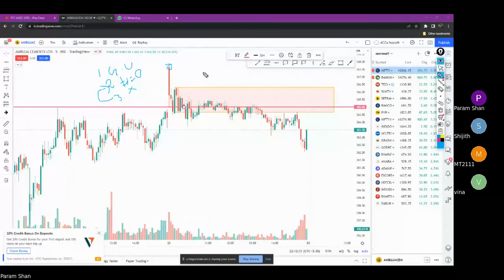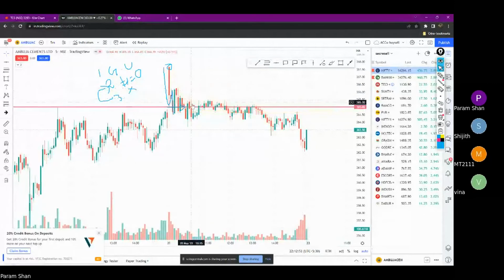Okay. Actually, what happened? Price went here. It took a pullback. And again, I already knew that it is highly possible that this breakdown will happen. So I already shorted here. Okay. So since I started the trade already here, without our box support and resistance, now I need to wait, right?